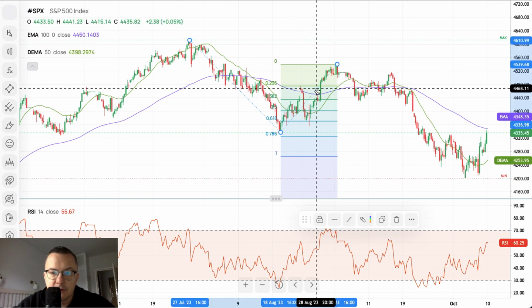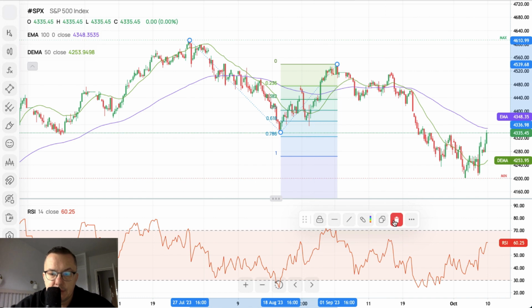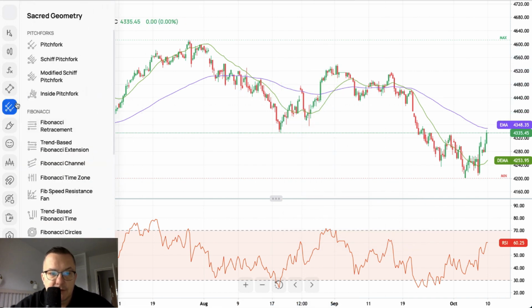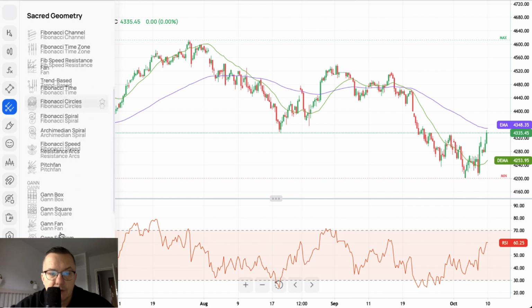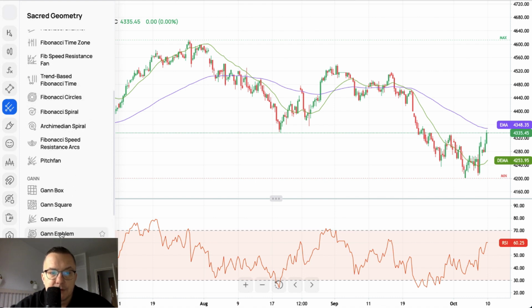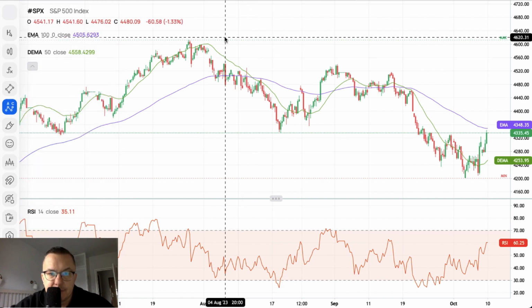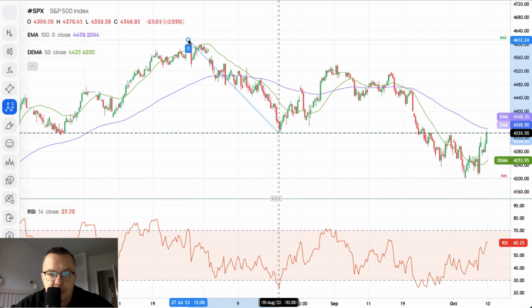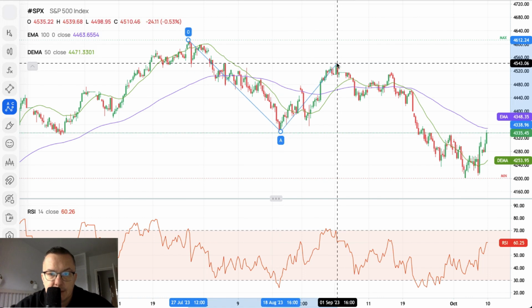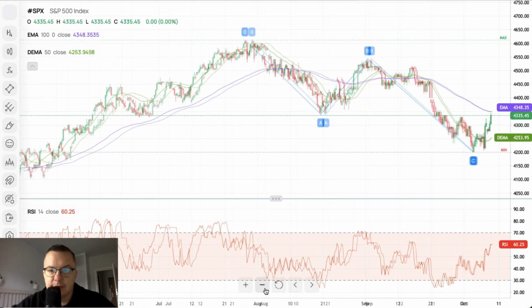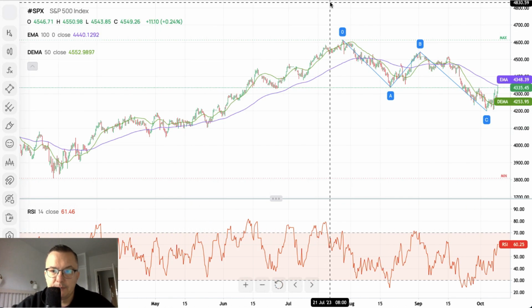So there is some sort of ABC correction being made, or even completed, on this time frame on S&P 500. So this is what I mean: A, B, and this is the C. Alright, so if we zoom out, we can still see that this is quite a big correction.